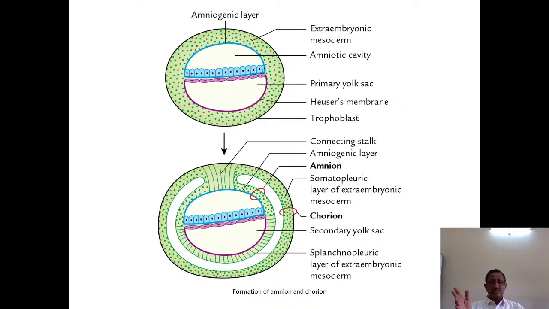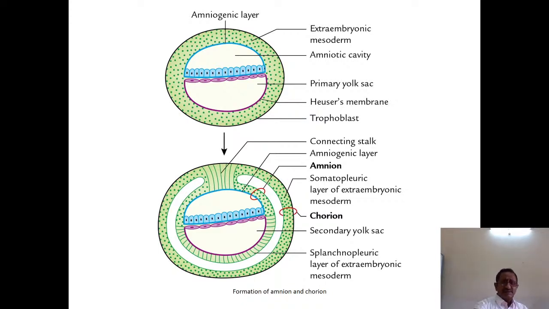In the embryoblast we see the development of epiblast and hypoblast, and in the epiblast the cells gradually collect fluid and separate to the center, and then you see the amniotic cavity formed.